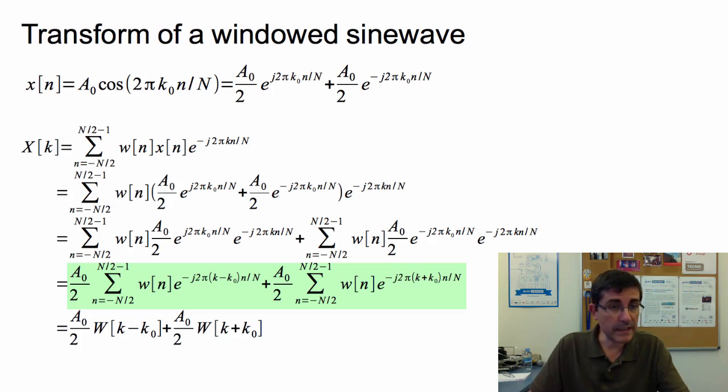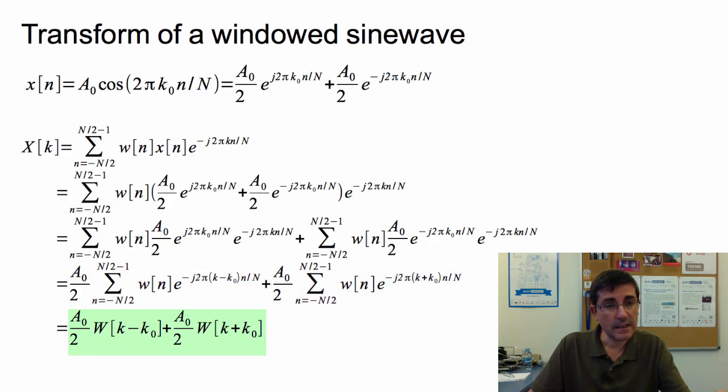So basically at the end we see that the result is the spectrum of the window, of course frequency shifted by the frequency of the input signal, and multiplied by half of the amplitude of the input signal, plus of course the other window at the other complex exponential frequency.